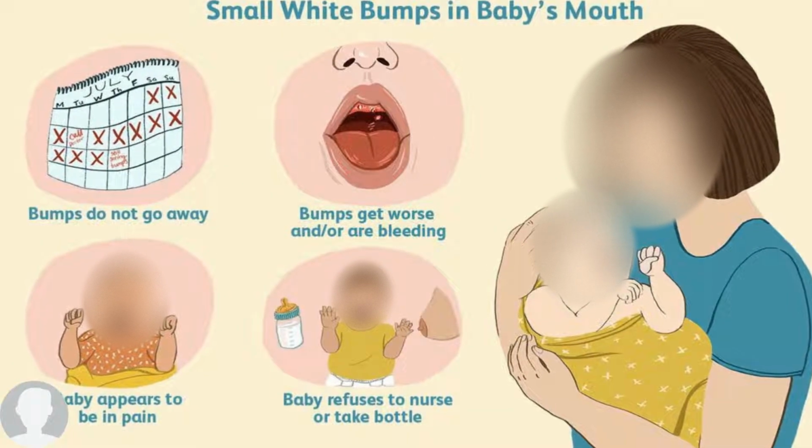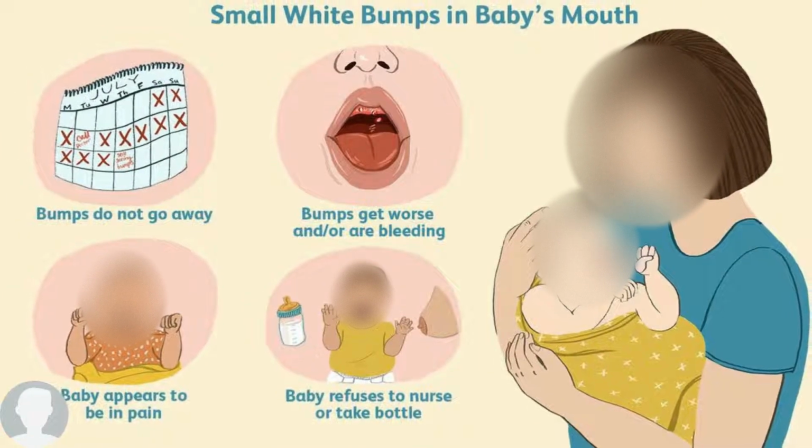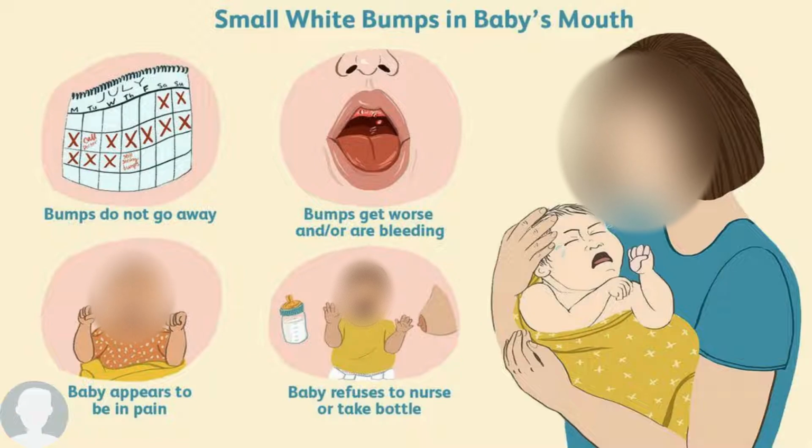Now, when should the mother visit a pediatrician for her child? First, when the bumps do not go away, they are inside the patient's mouth, and they do not go away with the multiple treatments that have been offered.